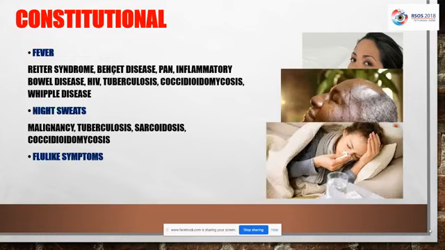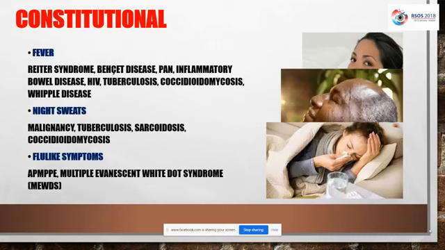If there are preceding prodromal symptoms or flu-like symptoms preceding the history of uveitis, this is important to be reported, because it can help to differentiate between multifocal choroiditis and multiple evanescent white dot syndrome. Both of them are part of the white dot syndromes.